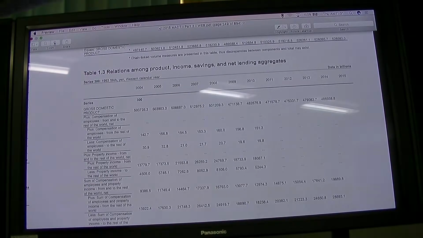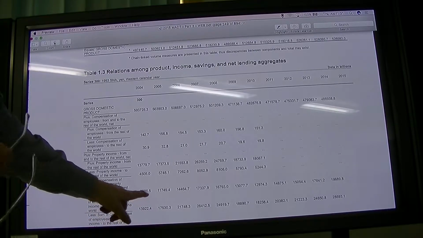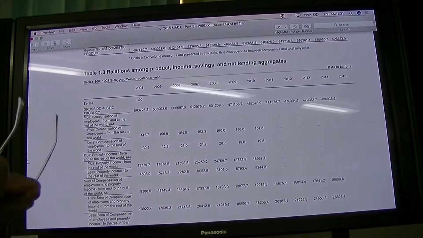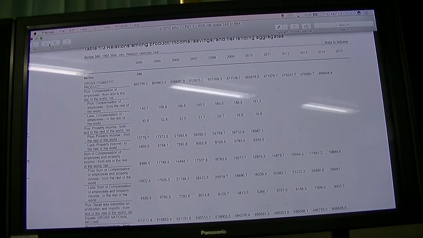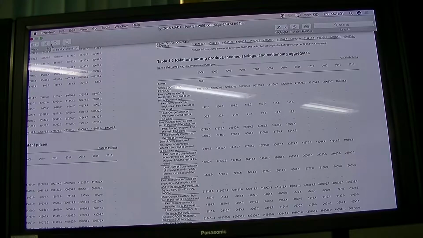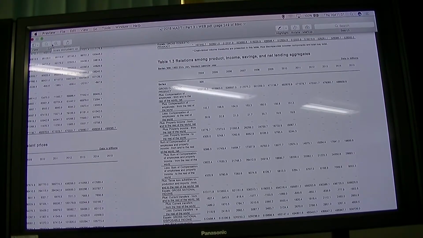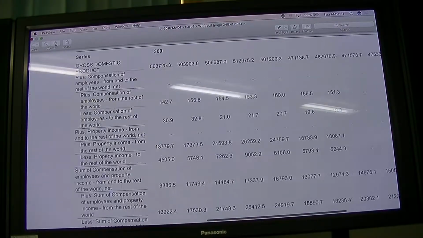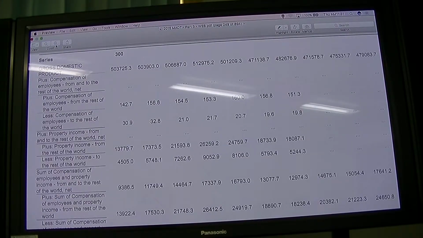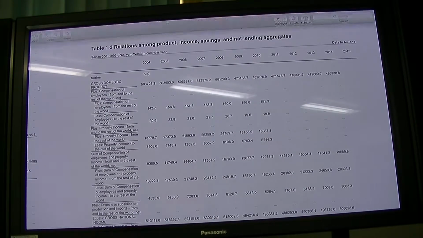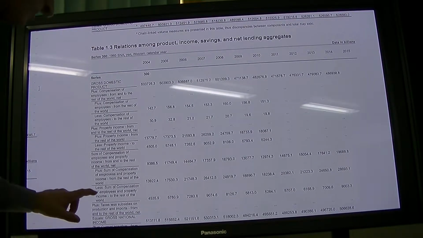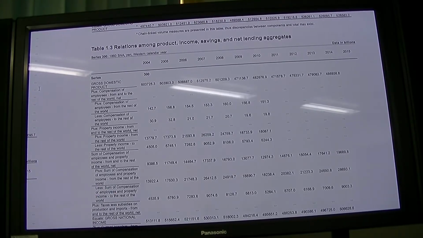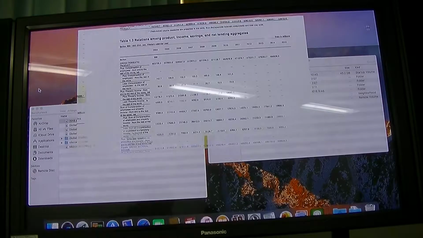That's that net payment, and that's here. So those are the figures. Let me just show that figure. We go back.